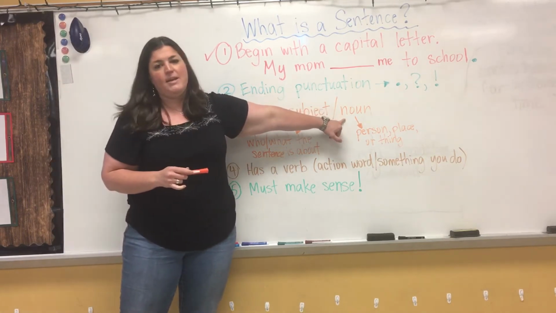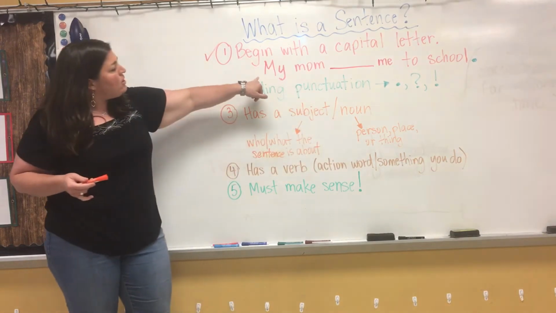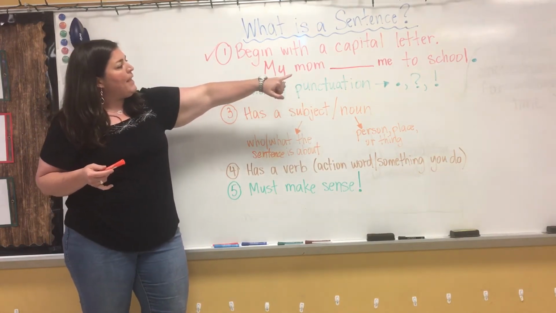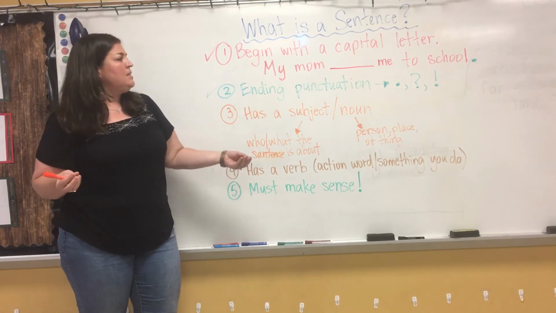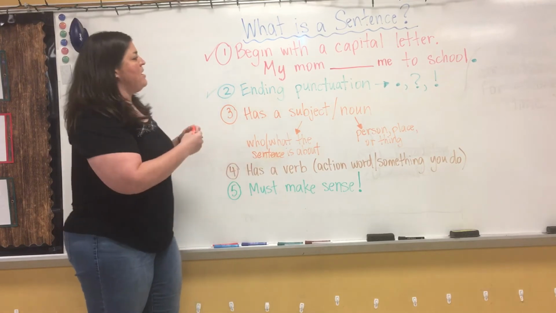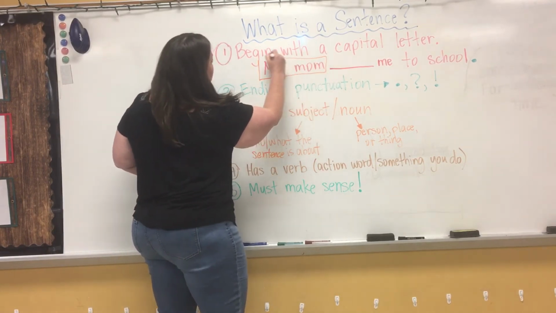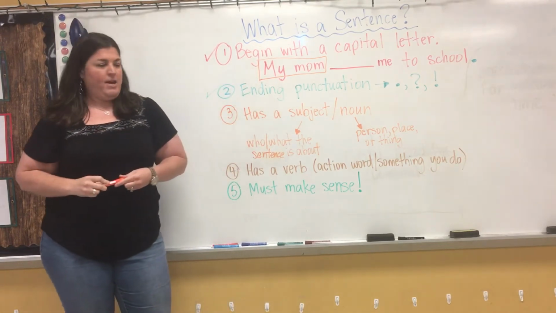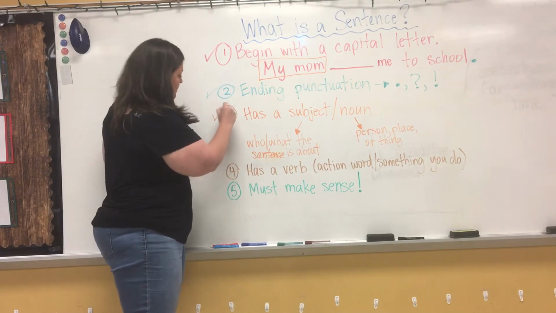We also call that a noun, which is a person, place, or thing. So if we look at our sentence here, my mom blanked me to school. Who is this sentence about? This sentence is about, can you guess? My mom, that's right. So I'm going to put a little orange box here around our subject, my mom. Okay, so we have a subject.